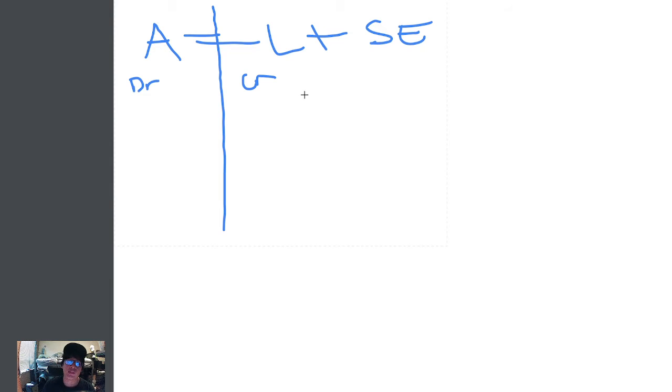It depends on which side things are on. So assets are on the left side of this equation, as you can see. Meaning that to increase an asset, you want to put it on the side that it belongs on, or that it likes to be in, which is the debit side, or the left. While if you put it on the credit side, it doesn't want to be there. That means it just decreases it.